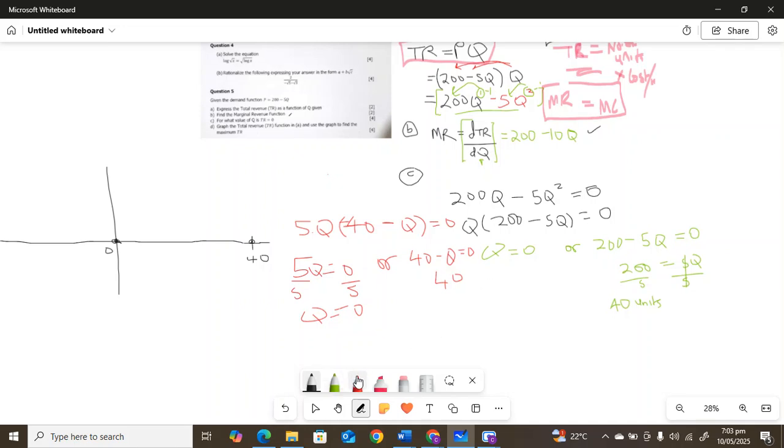Next, you have to look at the sign for the coefficient of the q squared. If it's a positive sign, your quadratic equation is a smile. If you have a positive sign in front of your x squared or your q squared, then your quadratic equation is a smile, meaning it has a minimum.